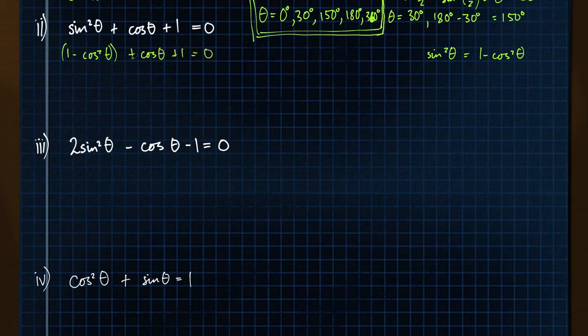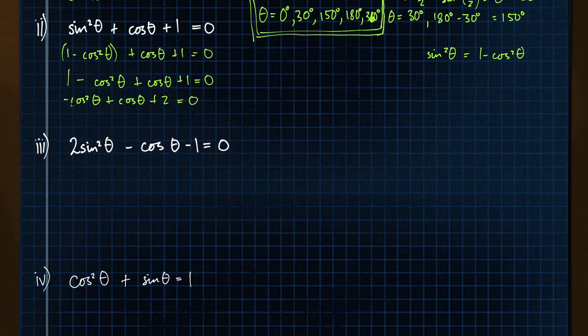Now I've only got things in terms of cos, so that's 1 minus cos squared theta plus cos theta plus 1 equals 0. Those 1 plus 1, that becomes 2. So minus cos squared theta plus cos theta plus 2 equals 0.